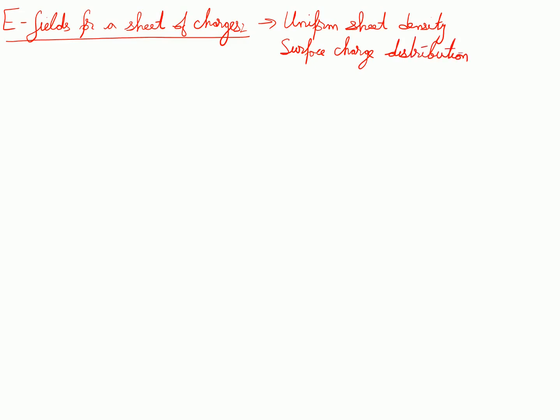So this charge density is represented by the variable rho, and we use the subscript S. It has the units of coulomb per meter square. This kind of charge density is normally found when we consider a strip of copper or a conducting material.